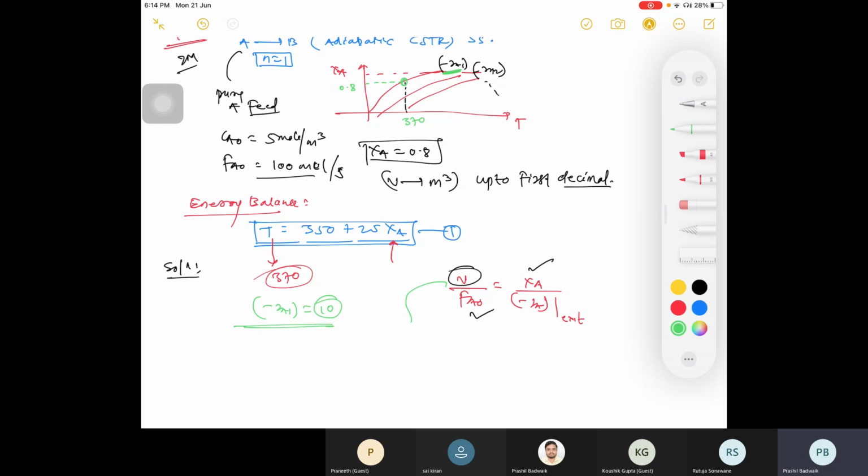From conversion you can calculate the temperature, and for that temperature and conversion you get the rate. You substitute this rate here and you get the equation for V. Are you clear? Yes, sir. And what is your value of volume then? It is 8 meter cube, right? So this question was asked.